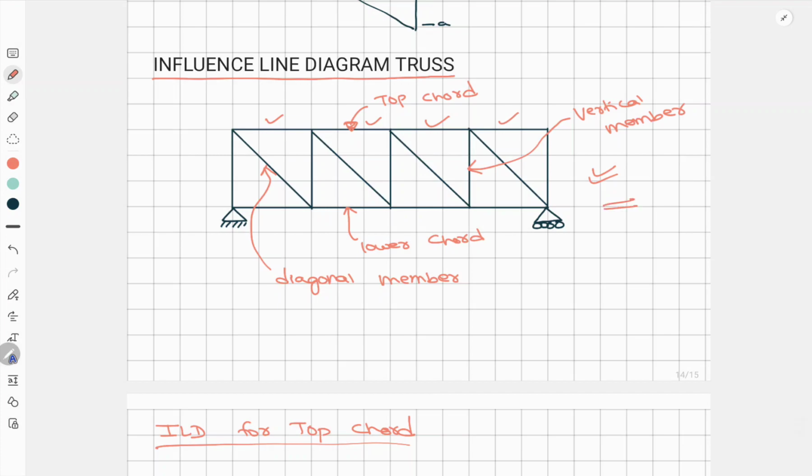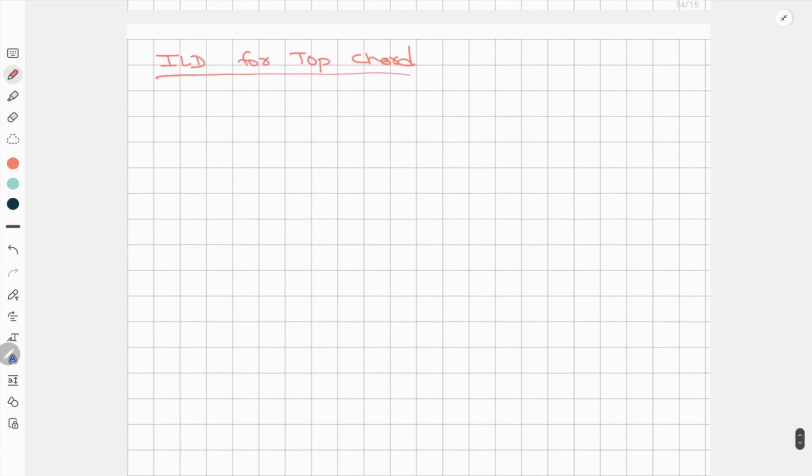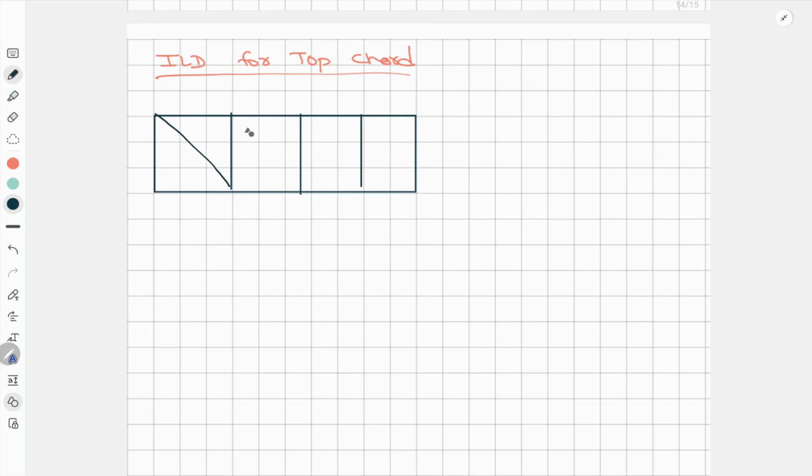Now I'll redraw the truss here. So this is the line, and now from here one line, from here one line, and from here also one line.